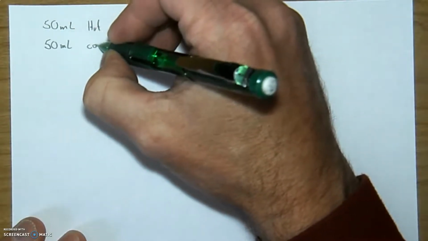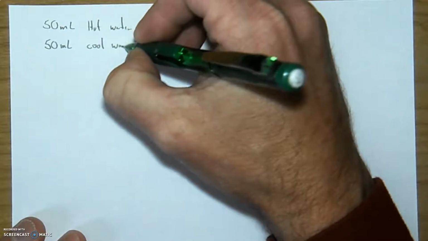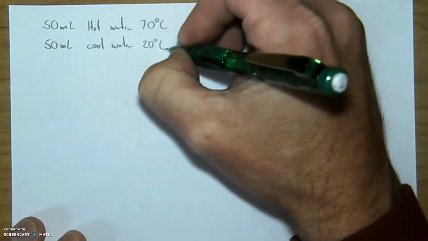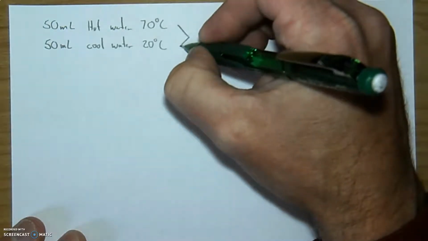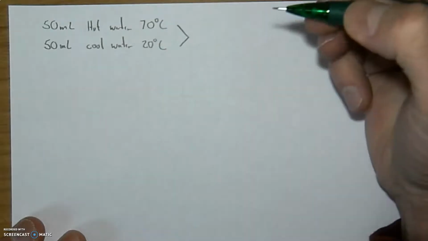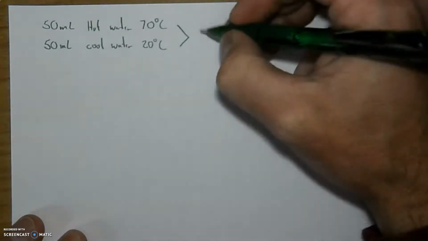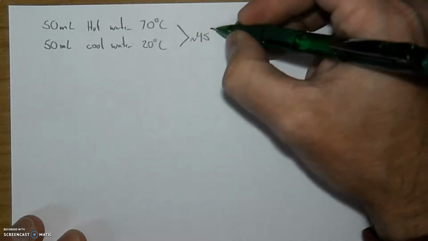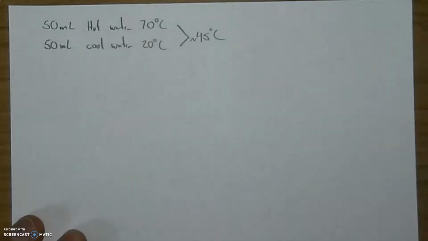I'll say cool water, and it's 20 degrees Celsius. And I take these two and I mix them together. You would expect the temperature to be somewhere in the middle. So add these together, you get 90, divide by 2, should be 45, ballpark, should be exactly 45 degrees Celsius. That's what we would expect.